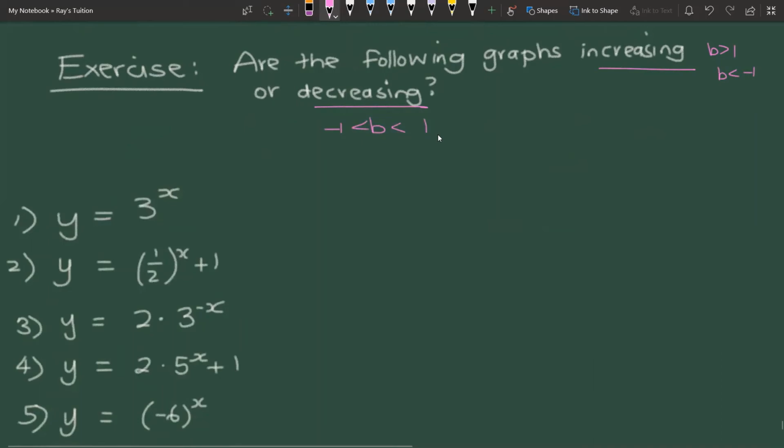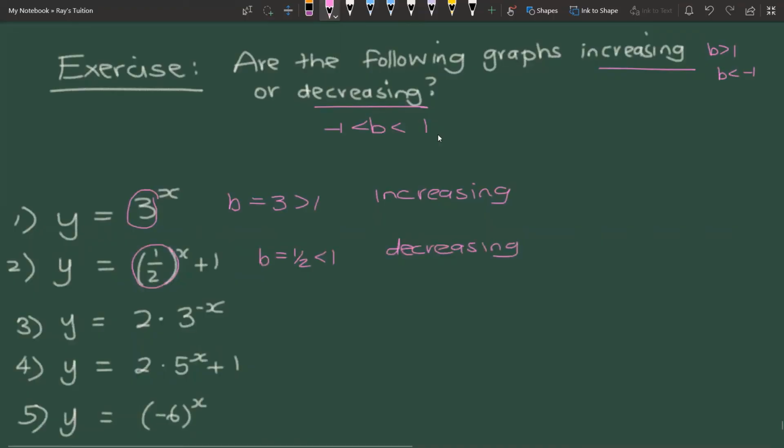So over here, the exponent is x and the base of the exponent is 3. So this here is greater than 1, so this here is an increasing graph. This b is the base of our exponent, which is 1/2, and 1/2 is less than 1. So this is a decreasing function.